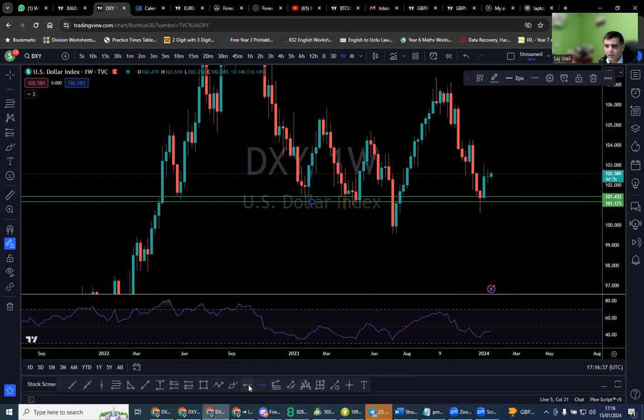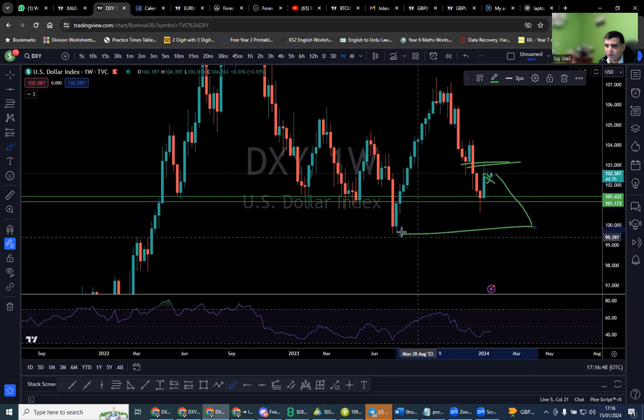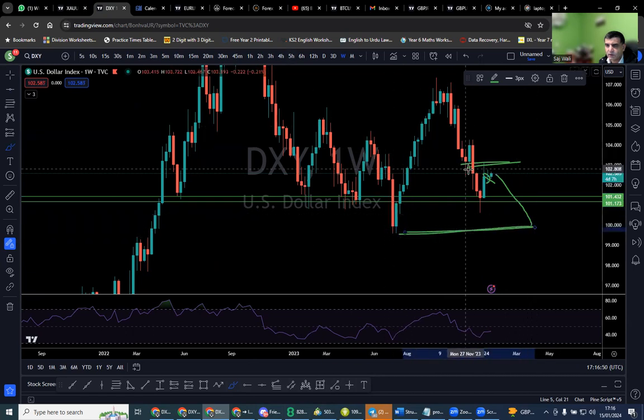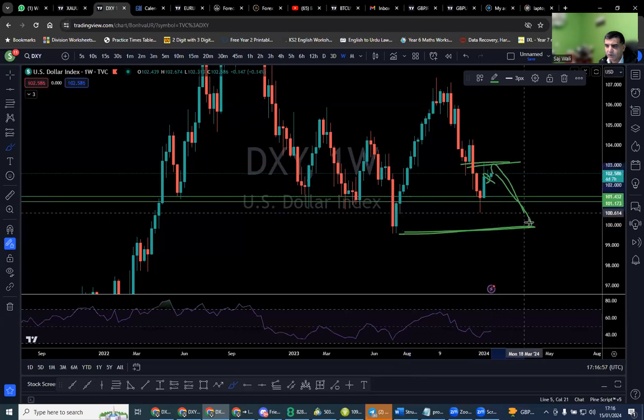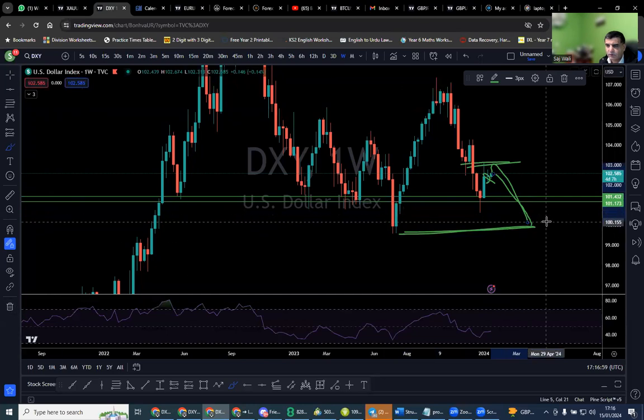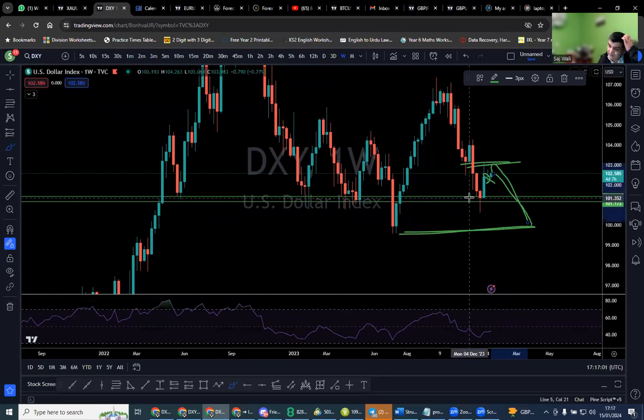However, there's another rejection area here, and this weekly evening star, you can say, should bring it down. So whether it comes down today or maybe after going further up and then coming down. And that's what we can see in the gold as well.